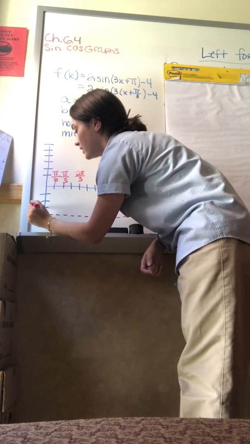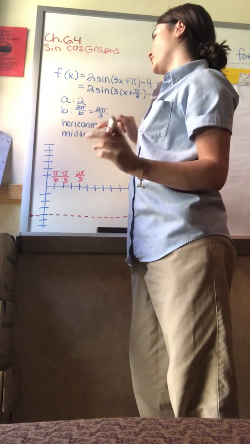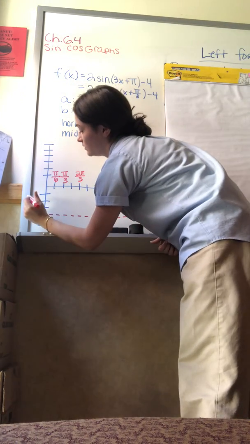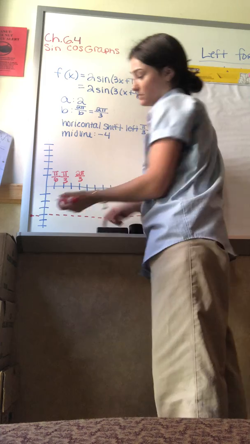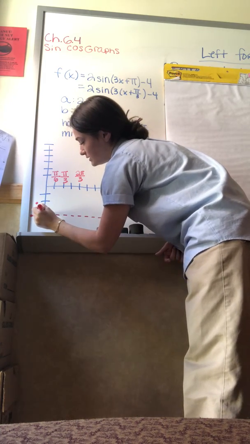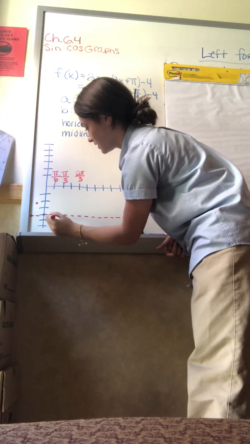And then when you go about, you have to remember your amplitude so that you know how many spaces to go up or down. So since the amplitude's 2, we have to go up 2 spaces and then down 2 and so on and so forth.